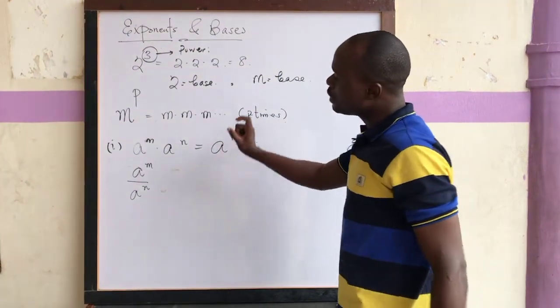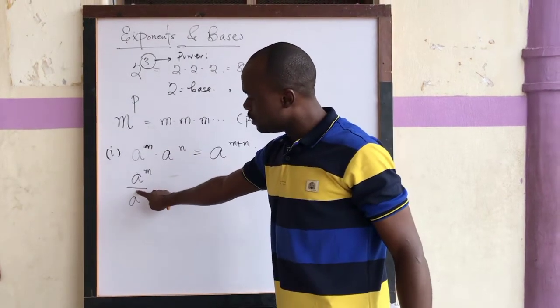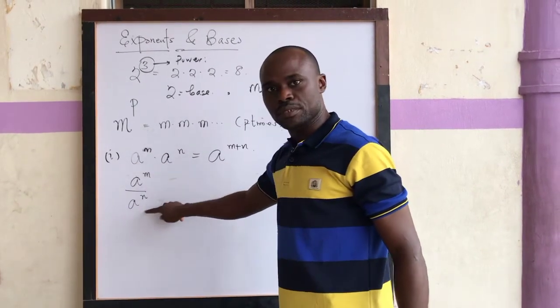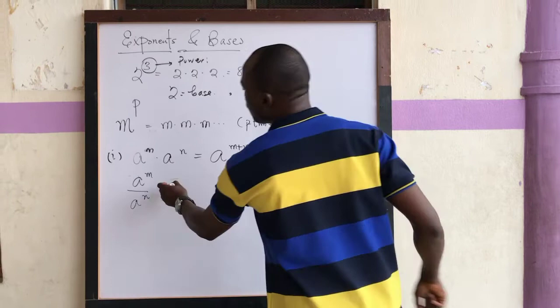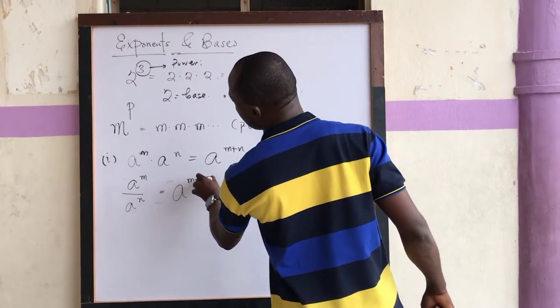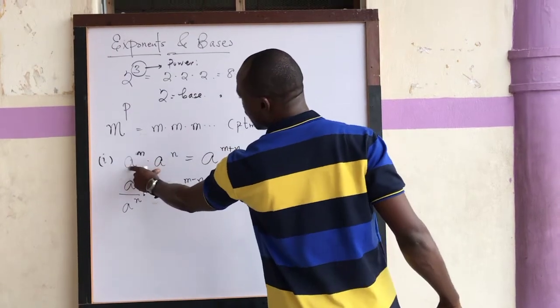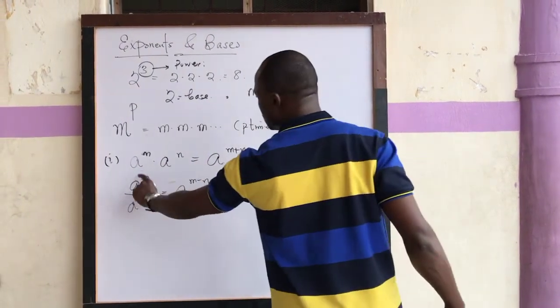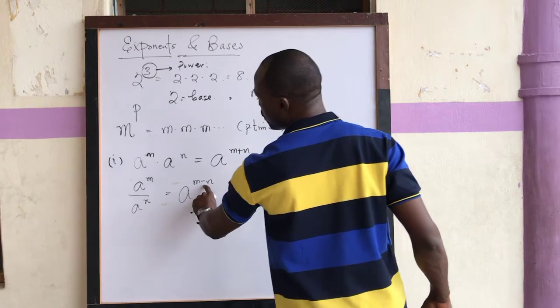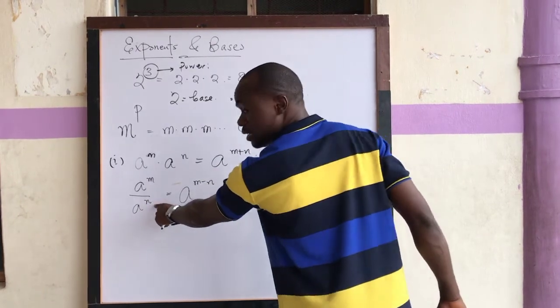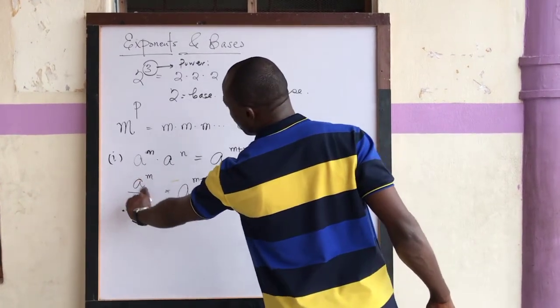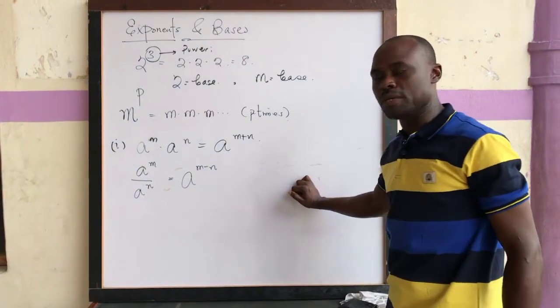In this case, this is multiplication, this is division, and we have the same base. Please take note of that. If that happens, we are supposed to subtract the powers. So in this case, we add the powers because this is multiplication and we have the same base. In this case, this is subtraction of the powers, m minus n, because of the division symbol here.